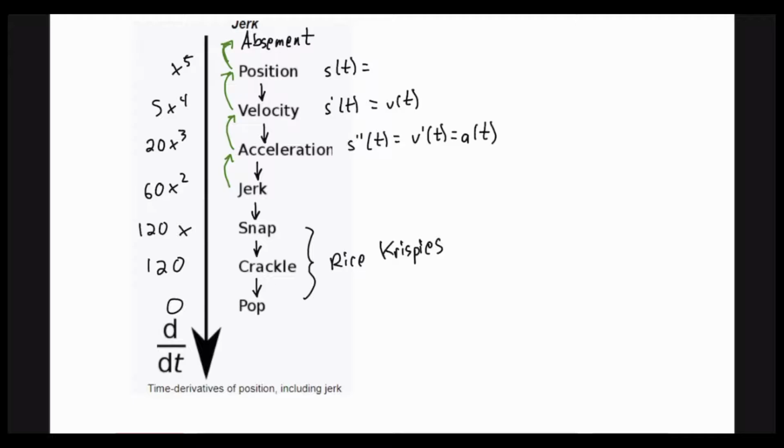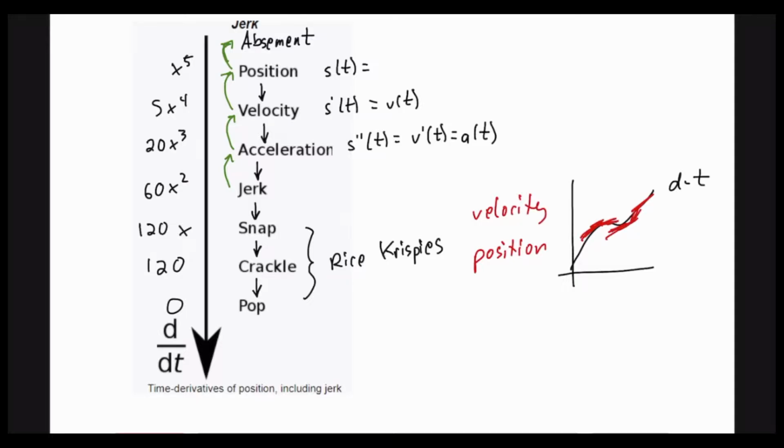And I like to order this in the other way sometimes. So I like to think about my position time graph. It's got some shape. And I know that if I work upwards, I find the slopes, and that gives me the velocity. And if I find the slope of the slopes, then that's my acceleration. So I think about it as an upward working process.